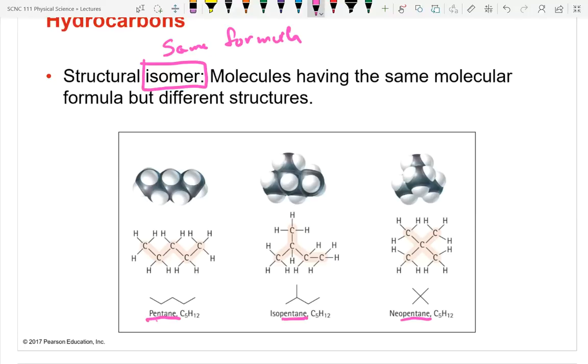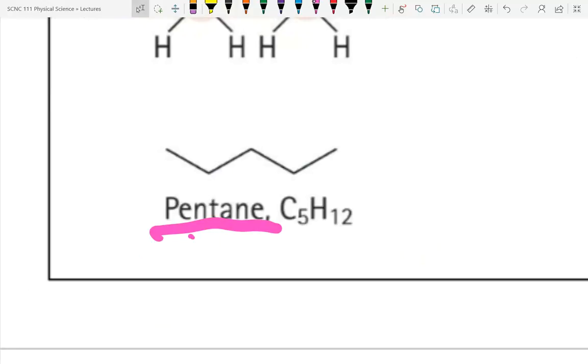And so I can look at this and I can say this here only shows one thing bonded to it. So that's a carbon. Since it only shows one bond, the last 3 are going to be hydrogen. So it didn't show that. I had to interpret that.